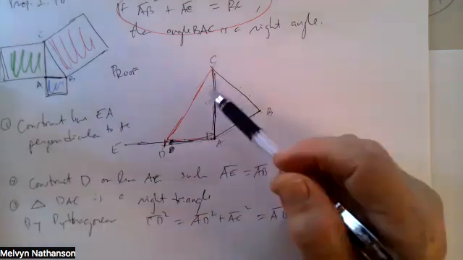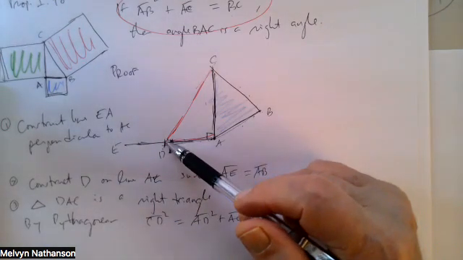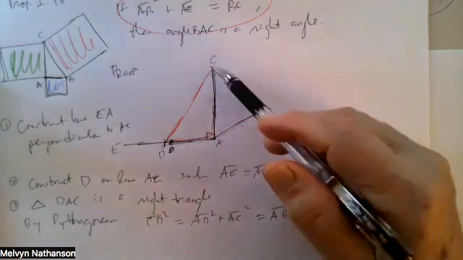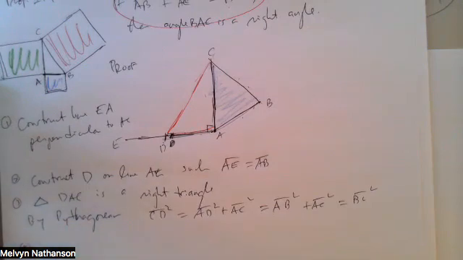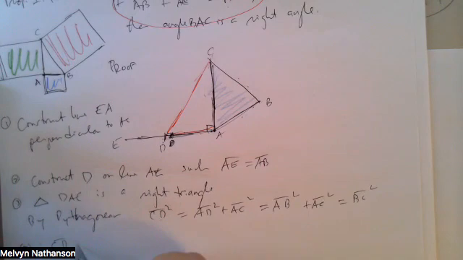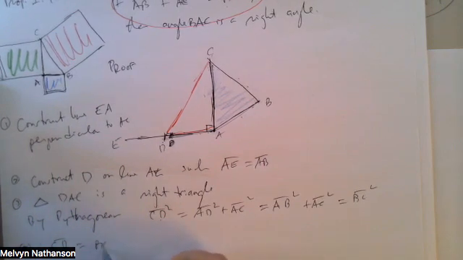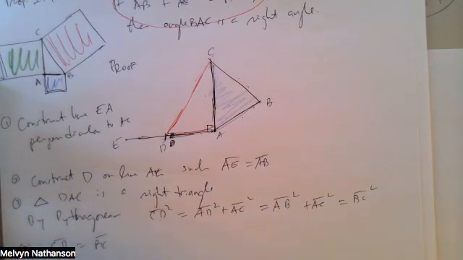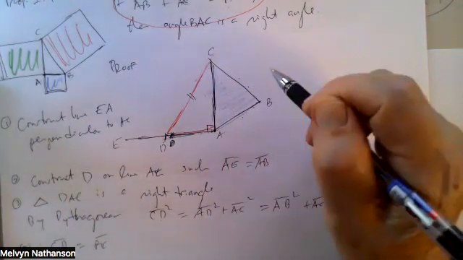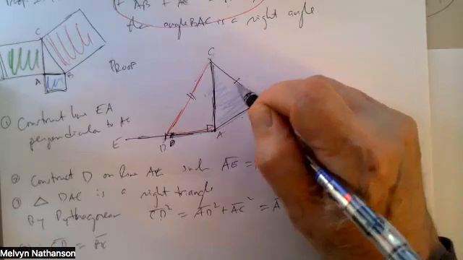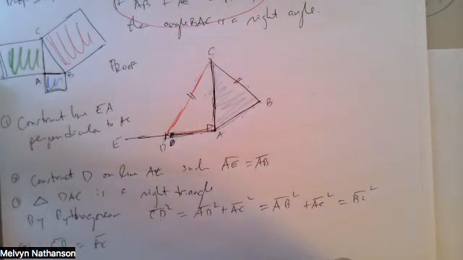So the square on CD has the same area as the square on BC. So therefore, the length of CD equals the length of BC. So CD and BC have the same length.